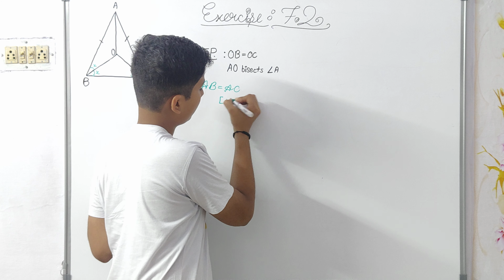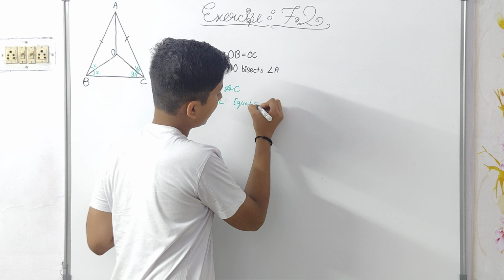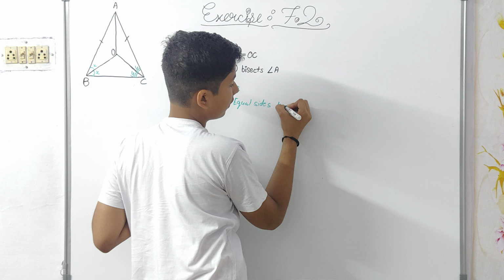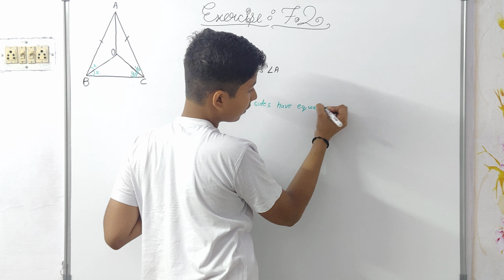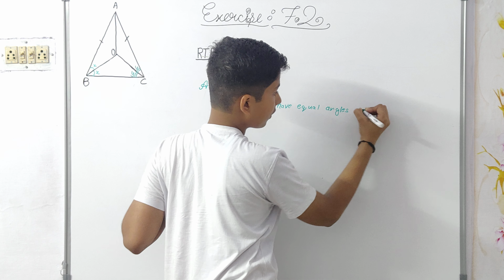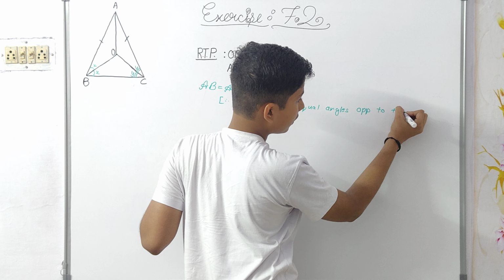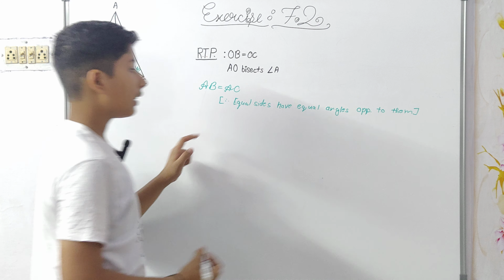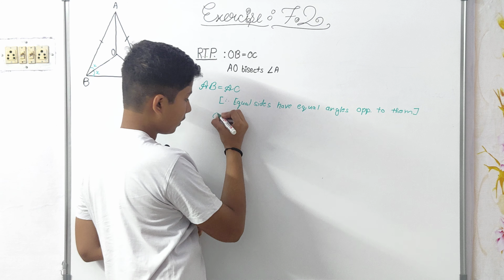In bracket we write, since equal sides have equal angles opposite to them. Since equal sides have equal angles opposite to them, 2x will be equal to 2y.